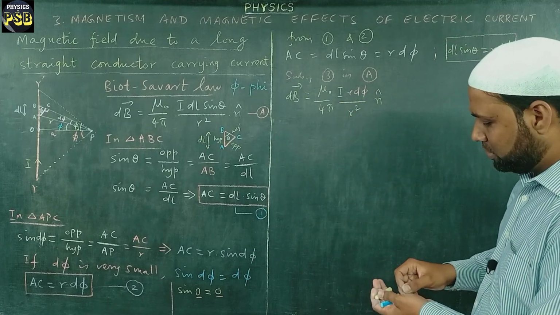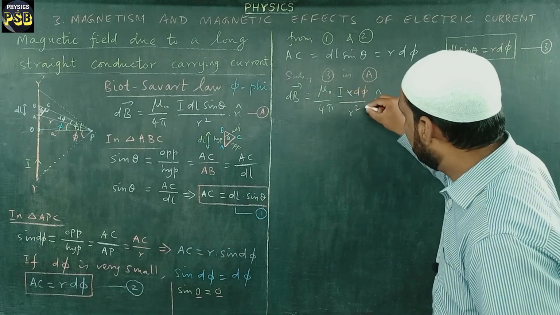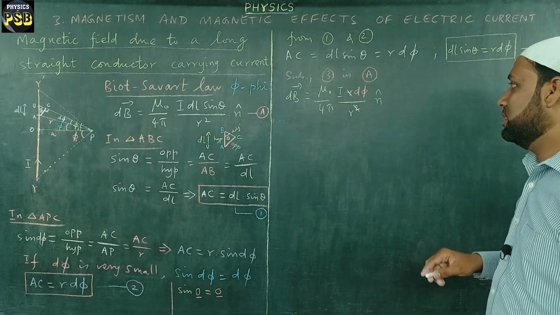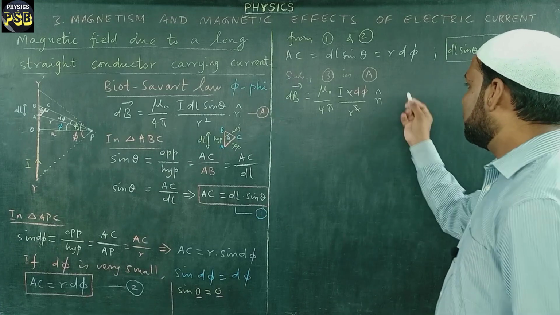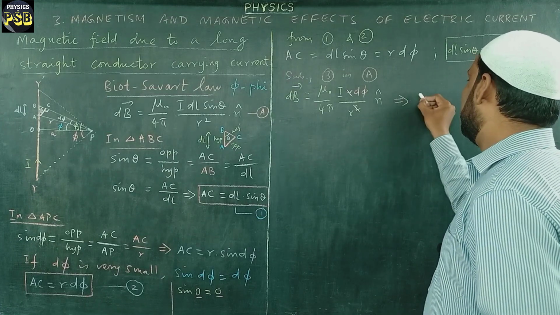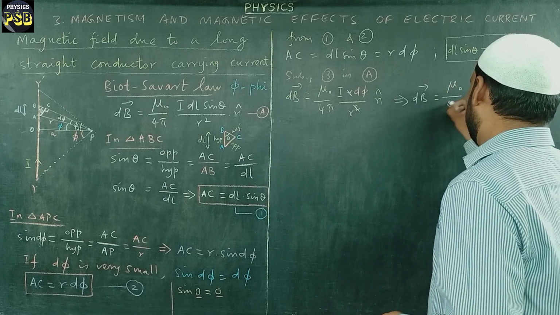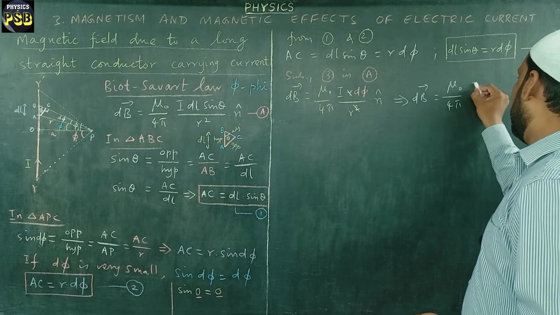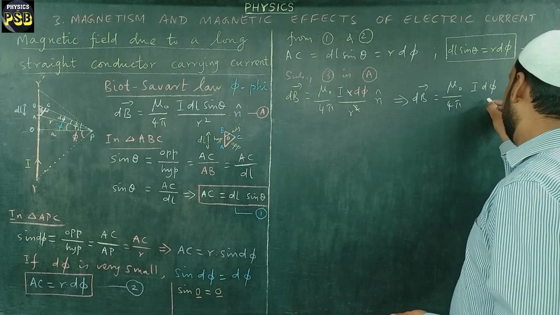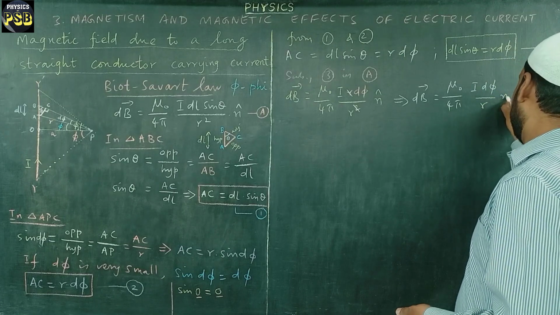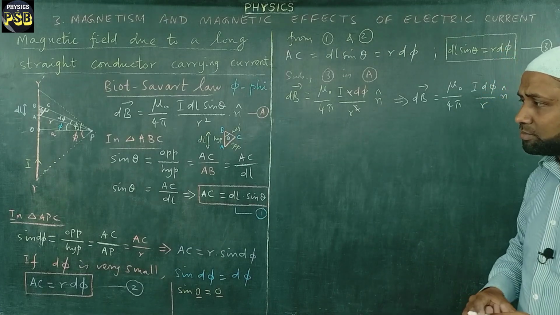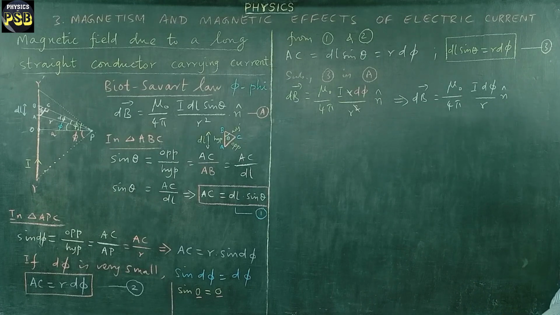Here, this R and this R get cancelled. This is what we obtain. Here, dB vector is equal to mu naught upon 4 pi I d phi upon R n cap. Now, I'll find out the value of R and I'll substitute here.